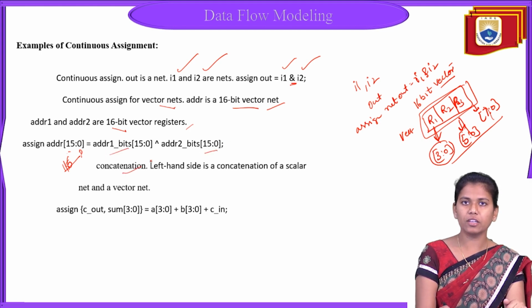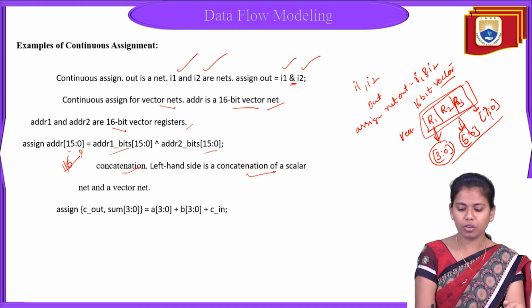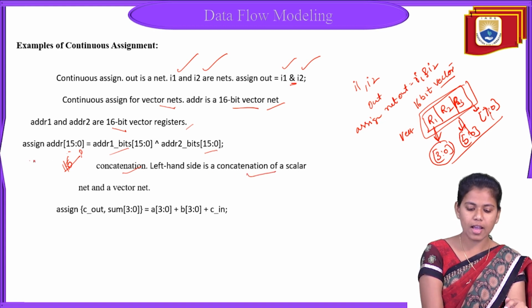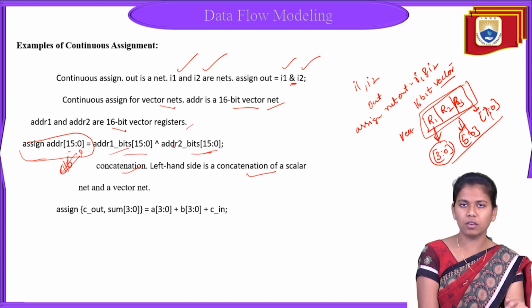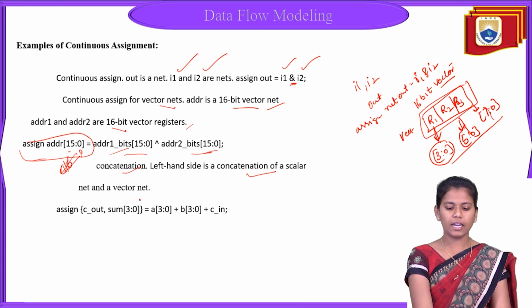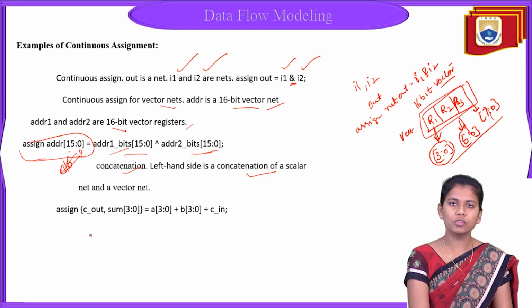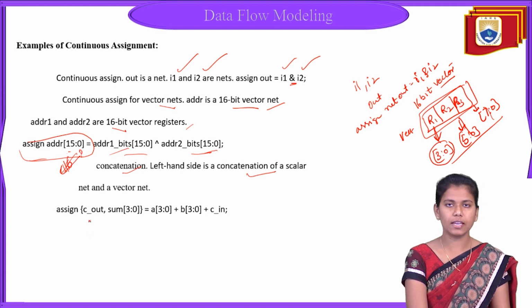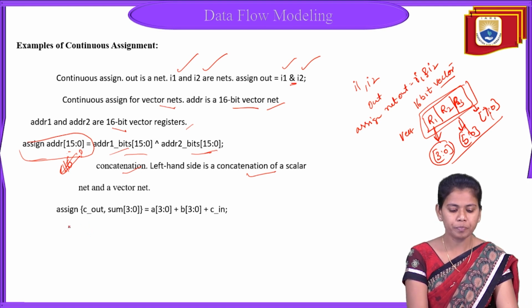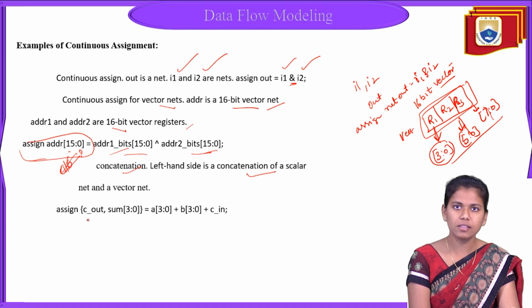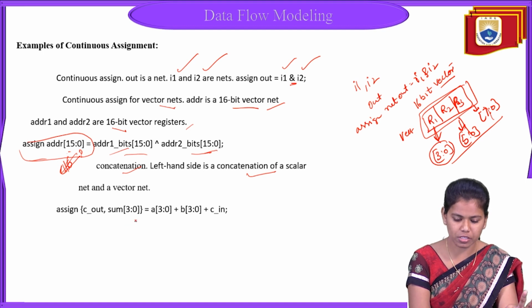The left hand side is a concatenation of a scalar and vector nets. Using the syntax for the continuous assignment, it goes like this: assign, curly braces, C is the output, and the sum is 3:0. Totally 4 bits we are considering.